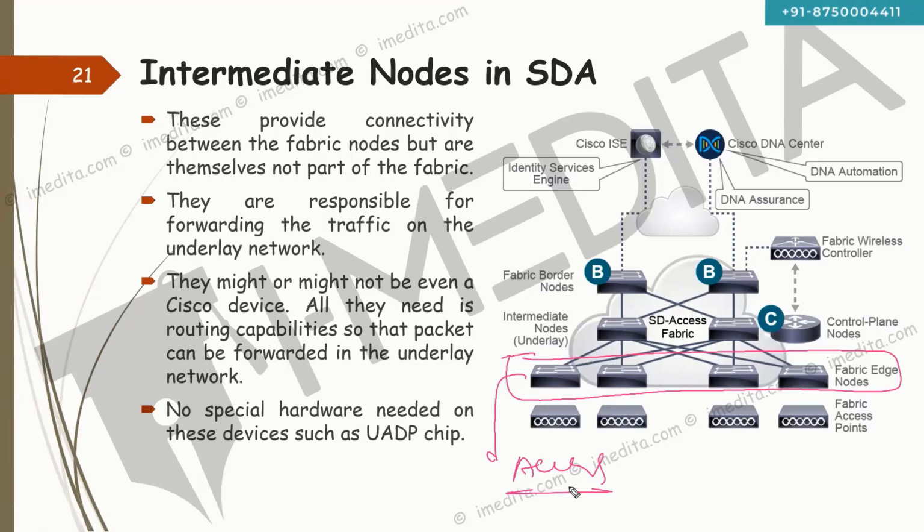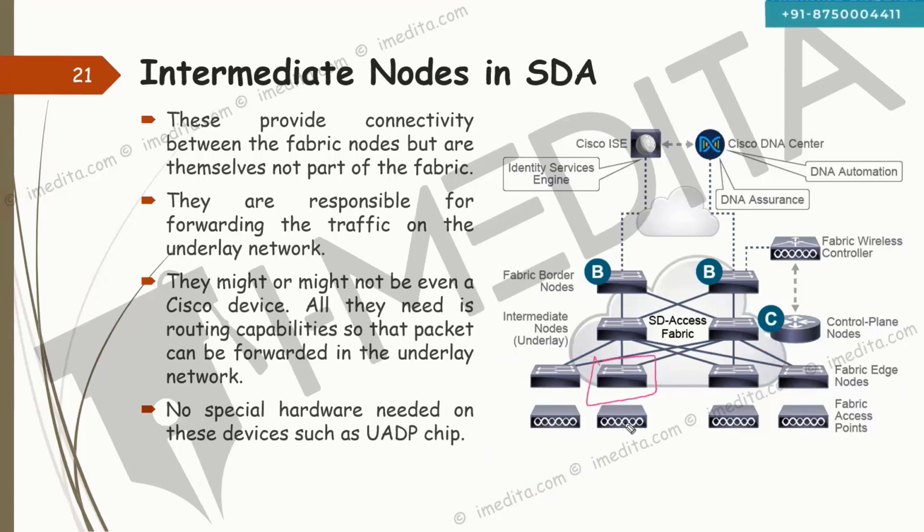When we are talking about the non-carpeted environment that is hostile to the normal switches, there we can install these extended nodes. These extended nodes are going to connect to the fabric edge node.